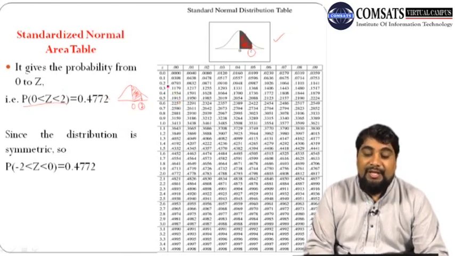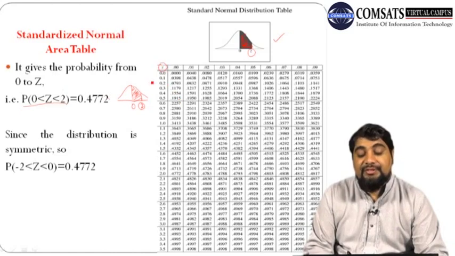Here we have the z values. The first value is 0.0 and next is 0.1, and suppose we want to calculate 0.11.